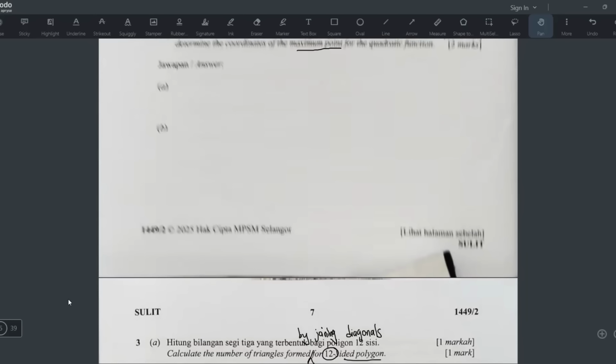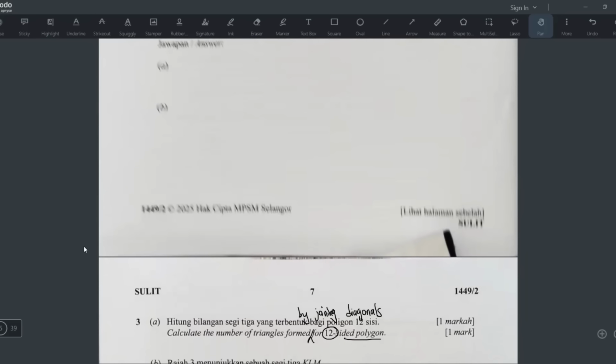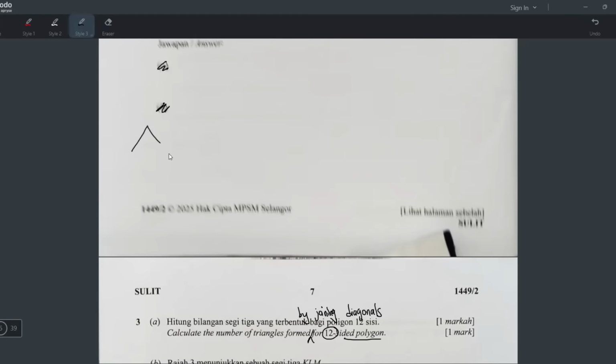Let me first talk about a 5-sided polygon. I will draw a 5-sided polygon, then a 6-sided polygon, and then an 8-sided polygon. So n is 5, n is 6, and n is 8.